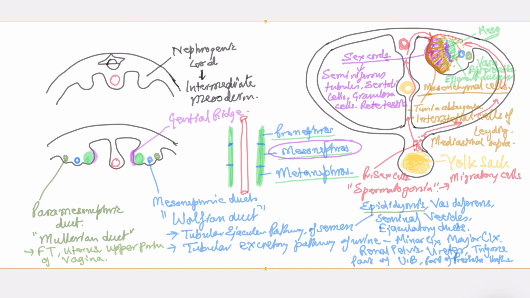So around the secondary yolk sac, the spermatogonia develop and then they migrate along the body wall or through the mesentery, both ventral and dorsal mesentery, and get relocated or intermingled between the cells of the sex cords. That's how the spermatogonia are not derived from the nephrogenic cord.